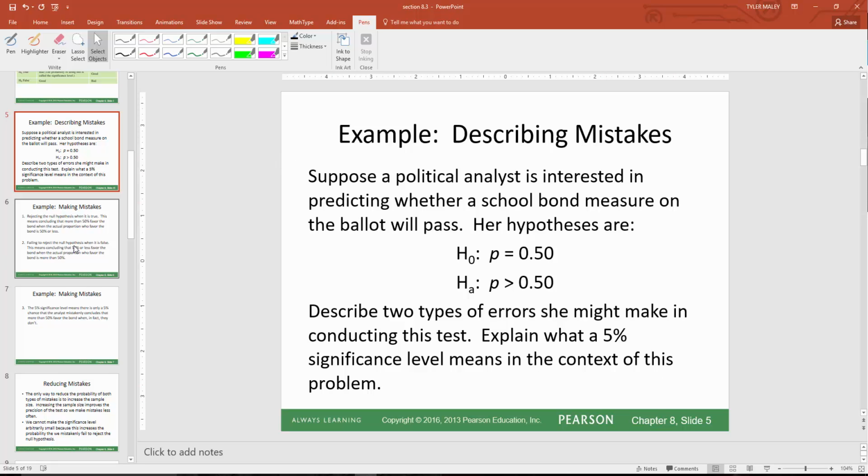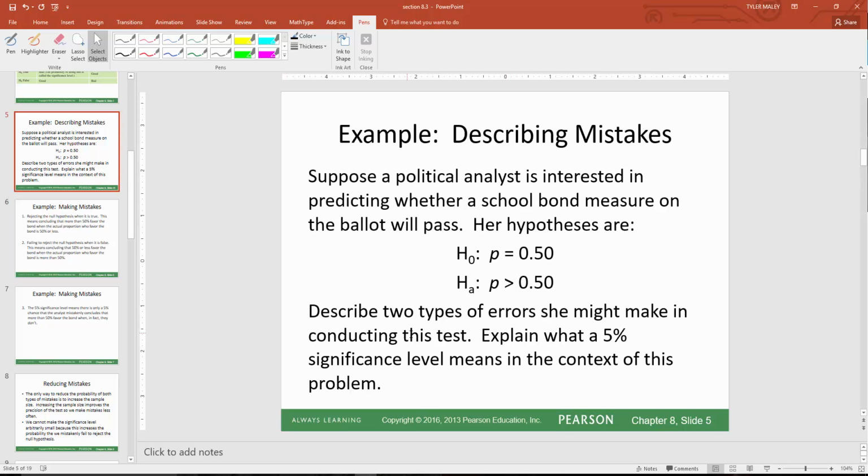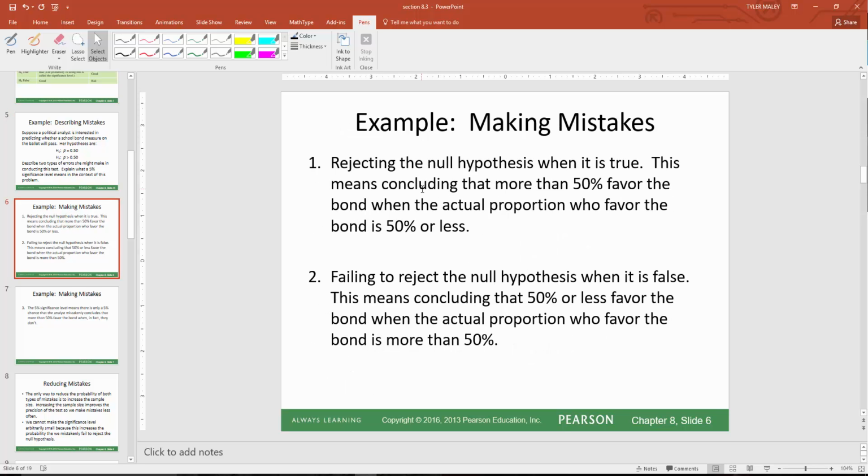So if we look at the next slide, these are the two types of errors that could happen. We could reject the null hypothesis when it's true. This means concluding that more than 50% favor the bond when the actual proportion who favor the bond is 50% or less.